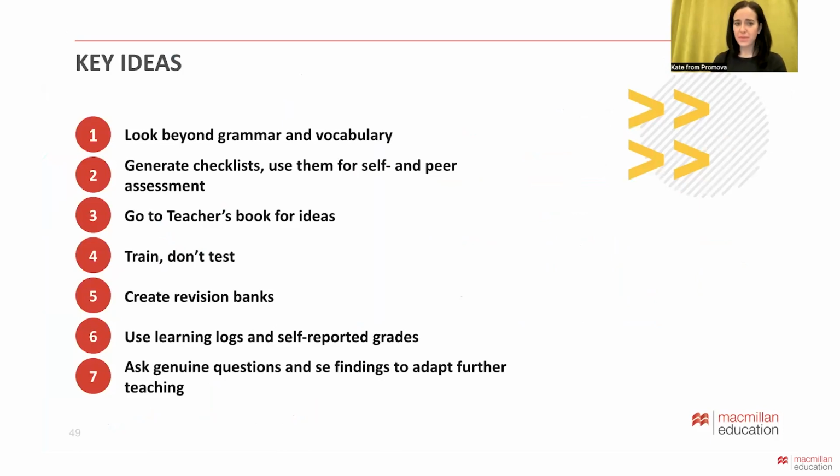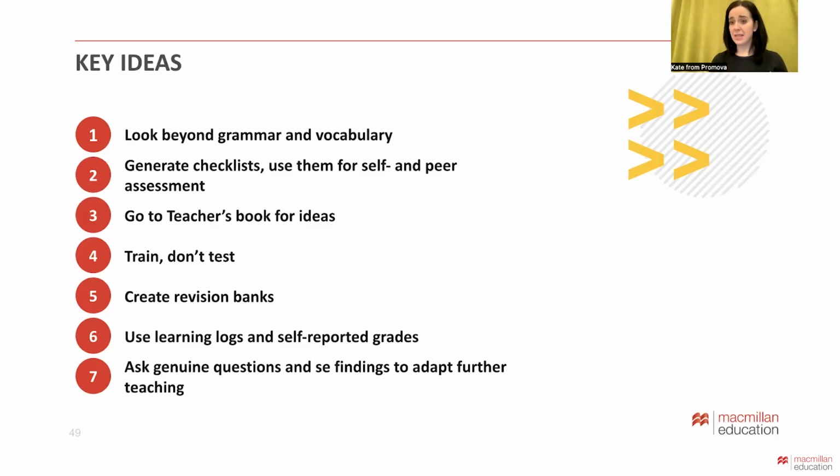I'm almost done with this session, and while I'm finishing here, I'd just like to summarize the key ideas I mentioned, the key principles and the key techniques used in formative assessment of writing. And first of all, that's setting out clear goals and establishing that we're working beyond grammar and vocabulary, that we're going to clarify things other than those two, and we're going to assess things that go beyond grammar and vocabulary.